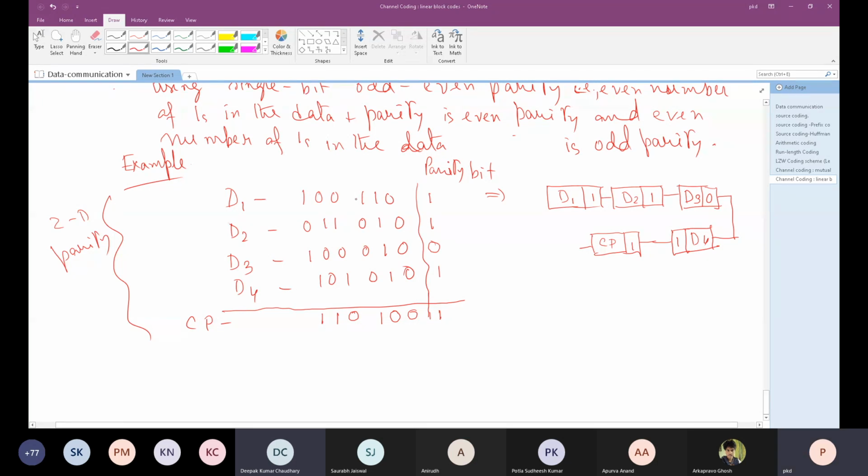Cannot detect two transitions. Row parity or column parity.